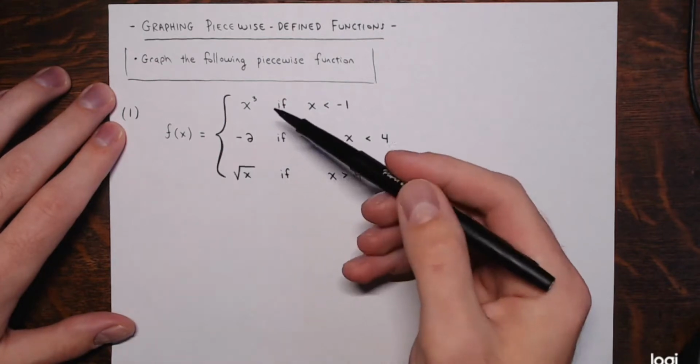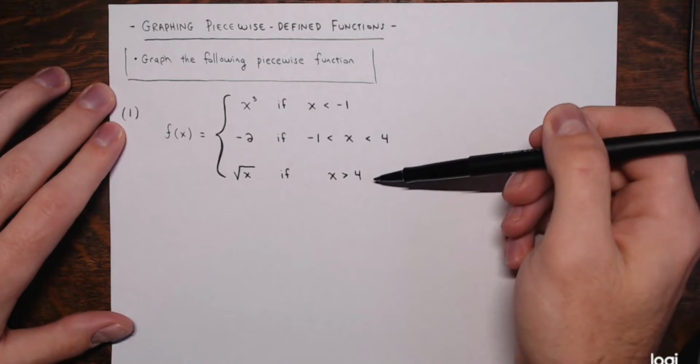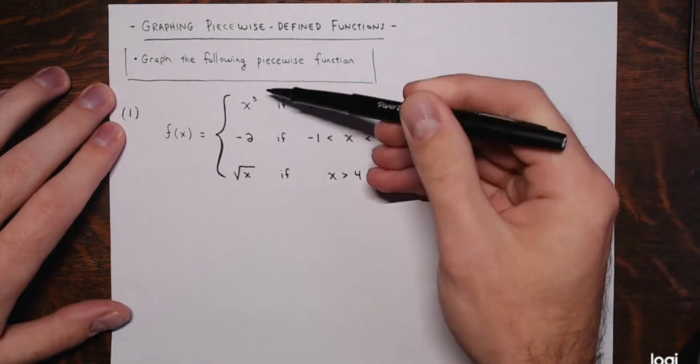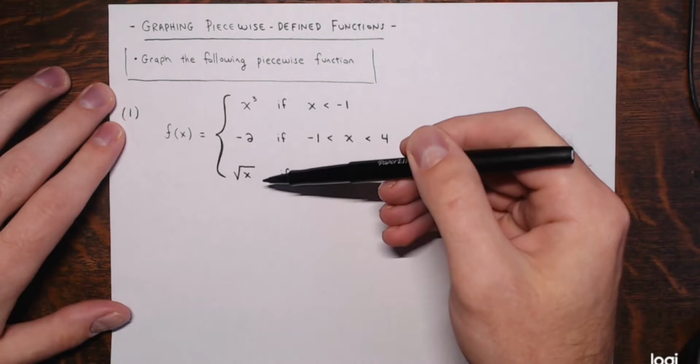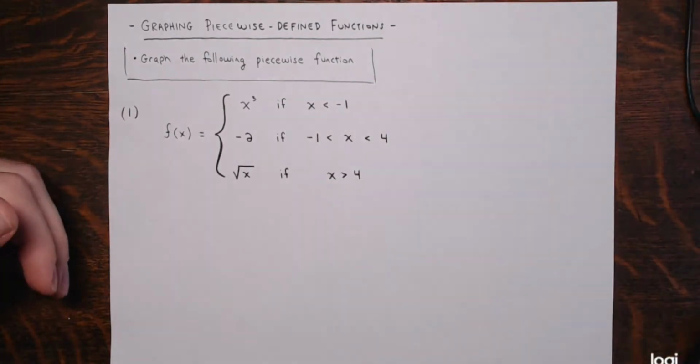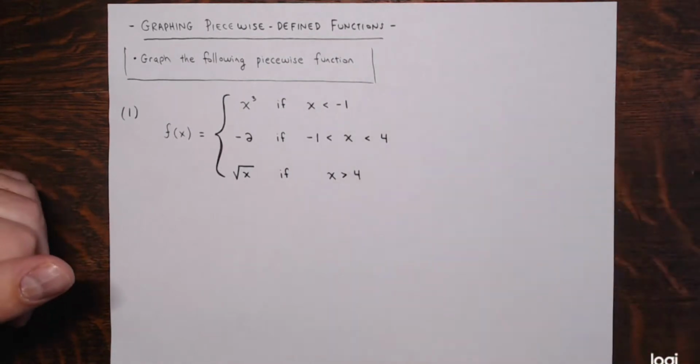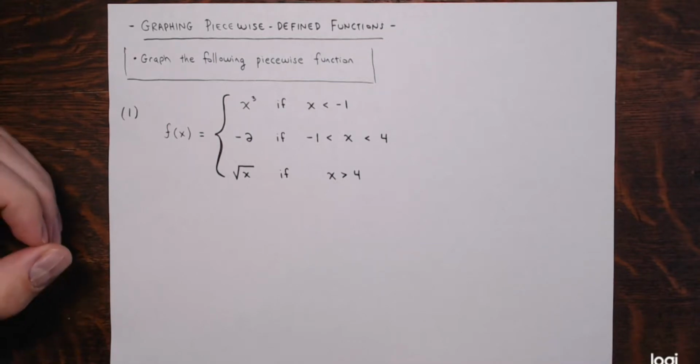Now you see here the output is calculated in one of three ways. You don't do all three, because that would be three different outputs for an input. That's not a function. You go with just one of these possible outputs, one of these rules. It all depends on the input though.